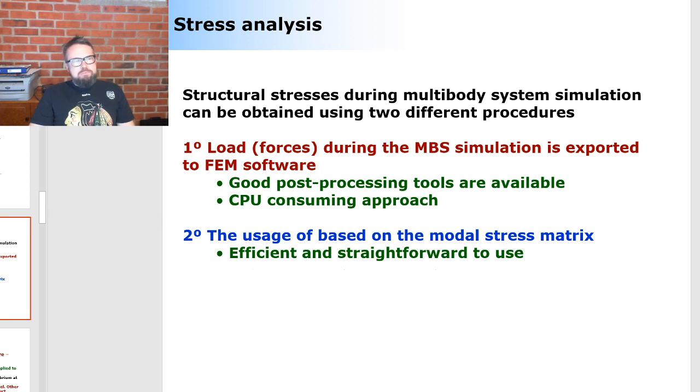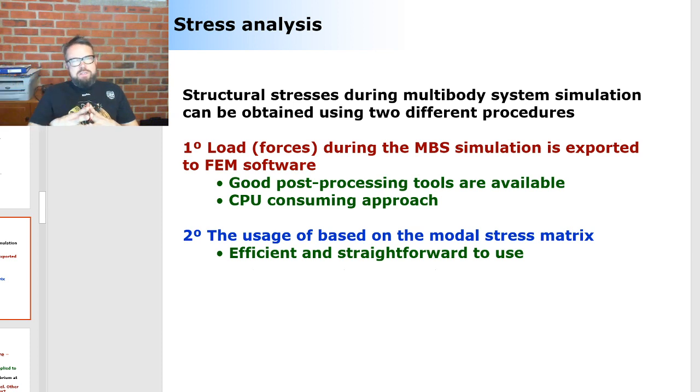If you do that, then it's possible to get all the post-processing tools available in finite element software at your use. But of course this makes no sense, because you're kind of reproducing the situation, and you're spending quite a bit of time and CPU power to get the strains and stresses from your multi-body model.